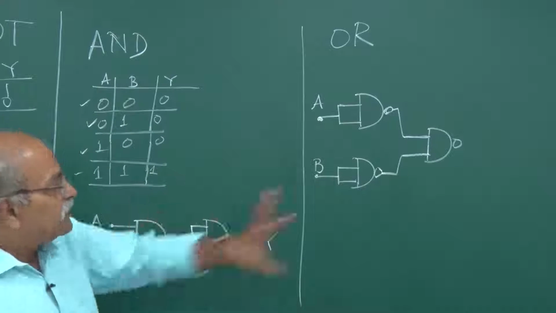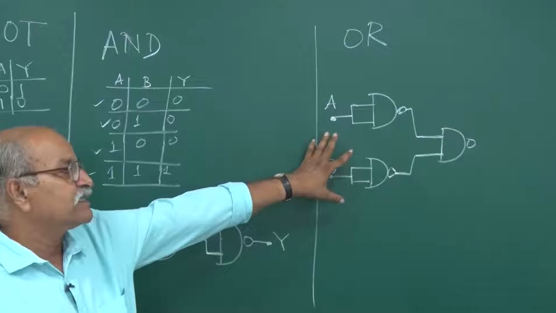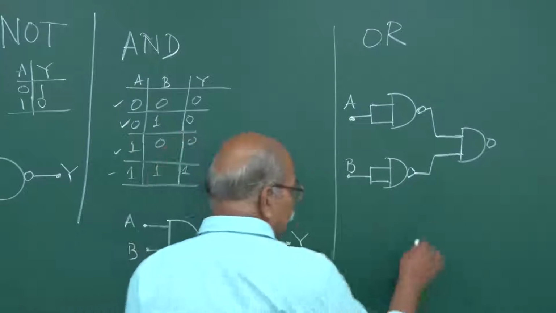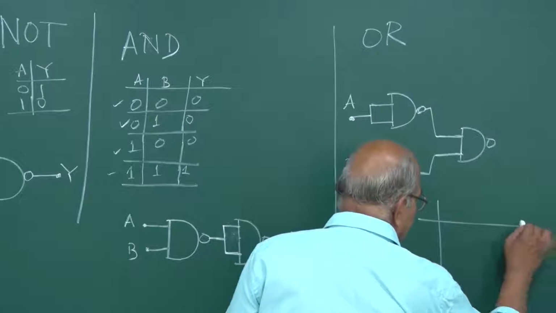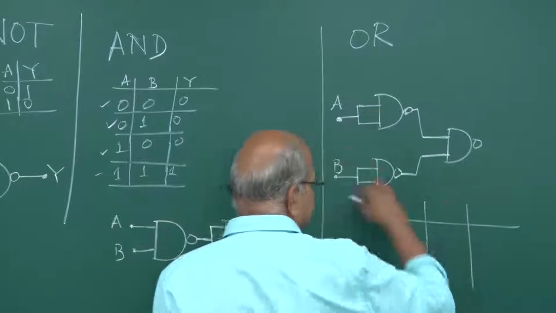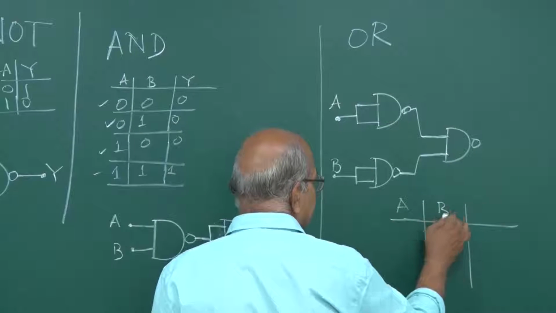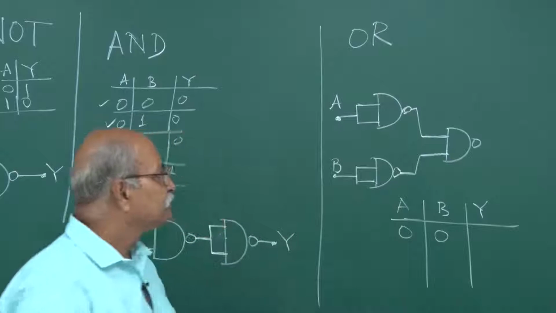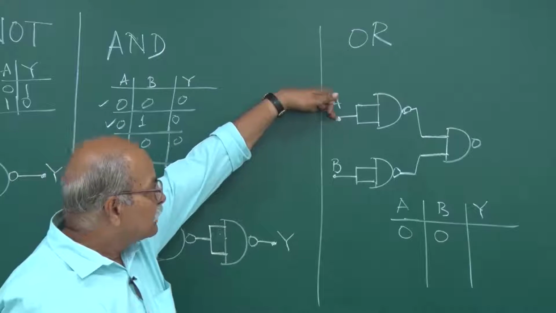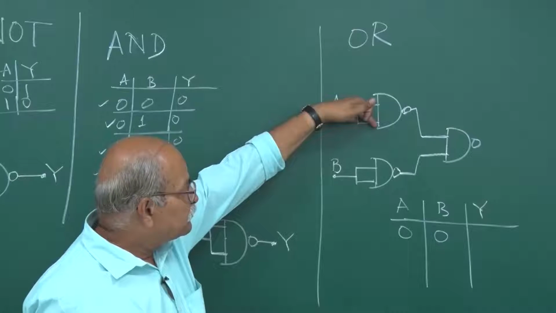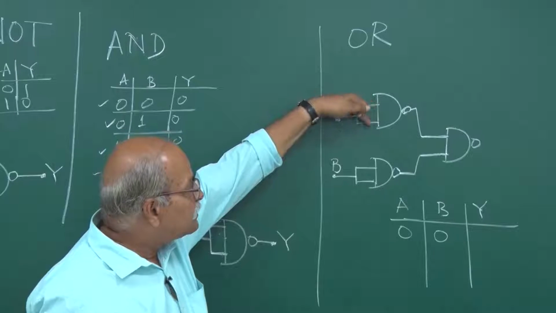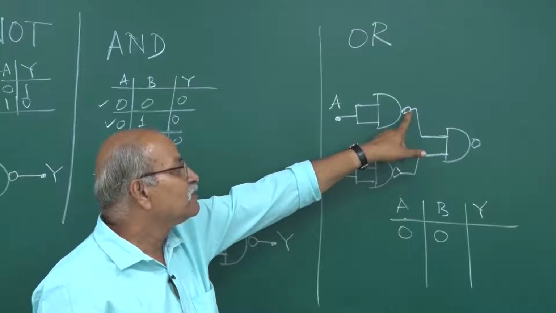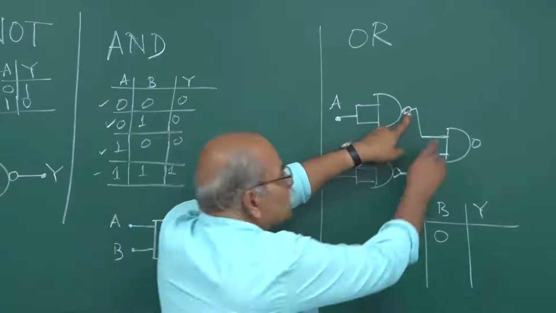So let me make the truth table of this digital circuit and see whether it is OR or not. So let us make the truth table for this circuit. A is here, B is here, and Y is here. First, A and B are both 0. A is 0. So this input is 0. This input is 0. 0 and 0 AND will give me 0. NOT of that will give me 1. So here it is 1.